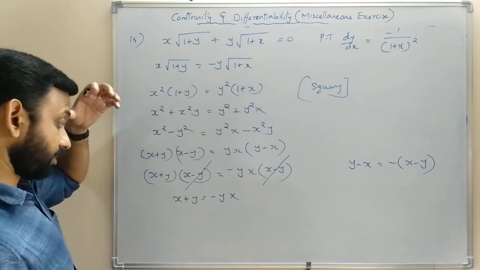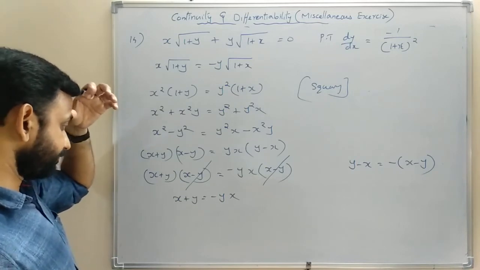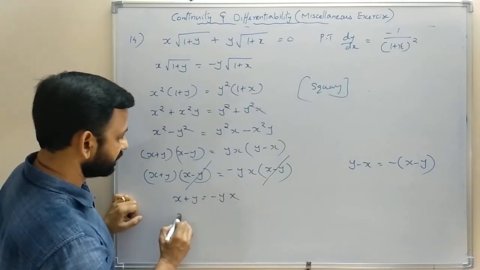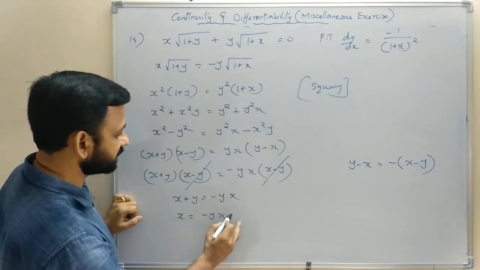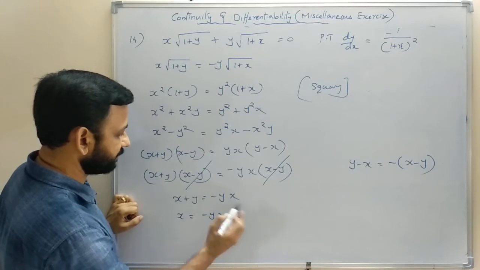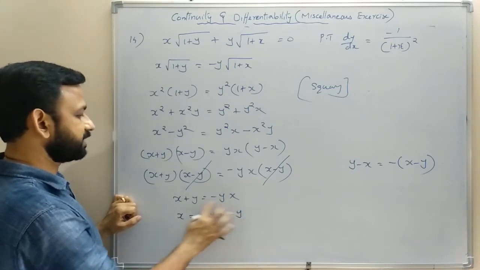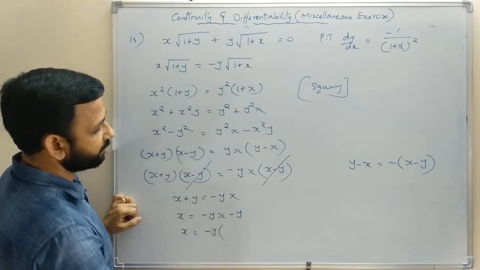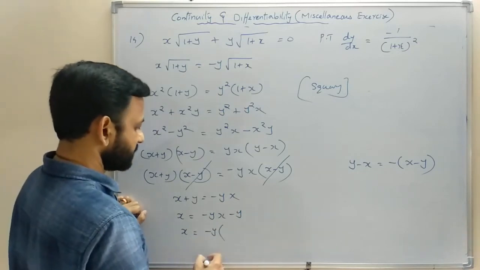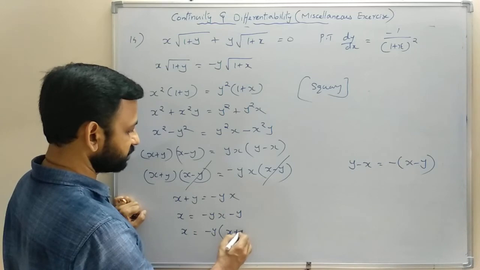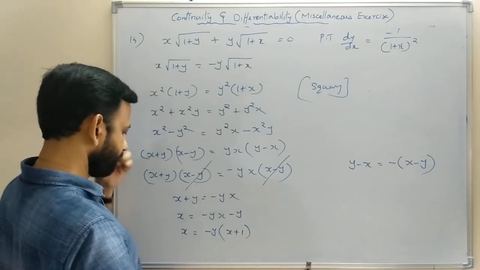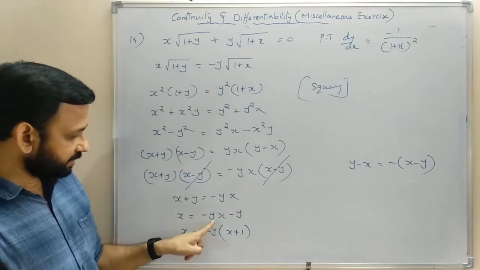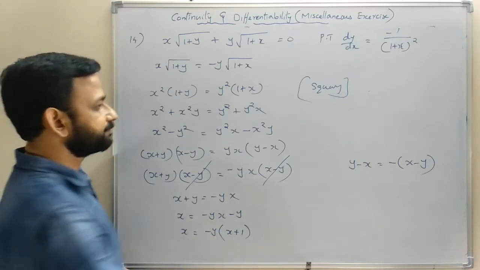Now we will do one thing. We will take y from left to right. That is x is equal to minus yx minus y. That is x is equal to minus y common, minus y outside, then x plus 1. By minus y when we take outside, then that is x plus 1.